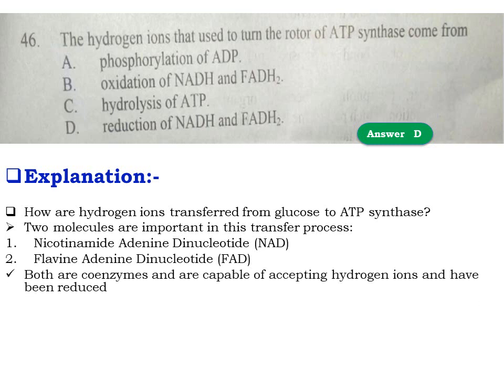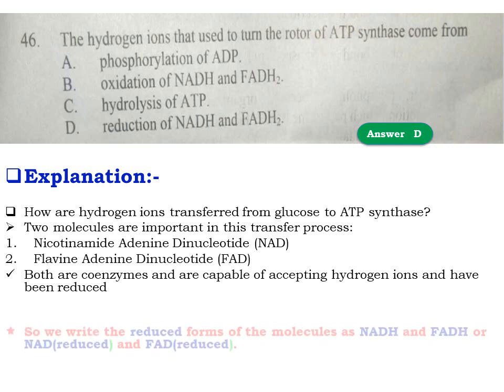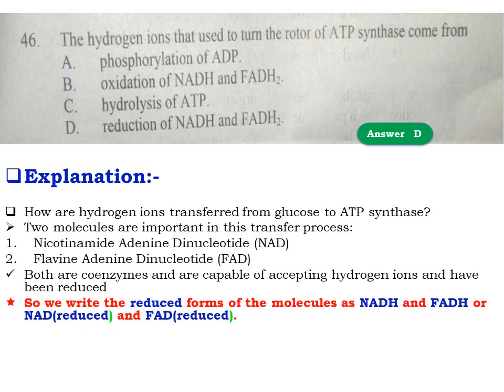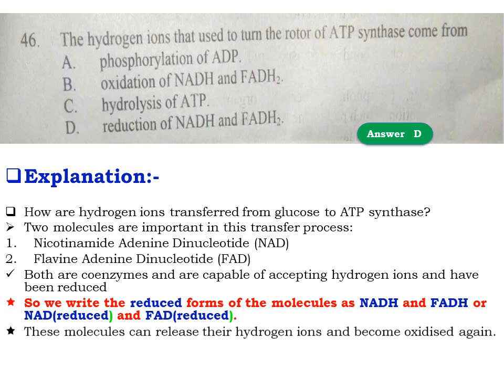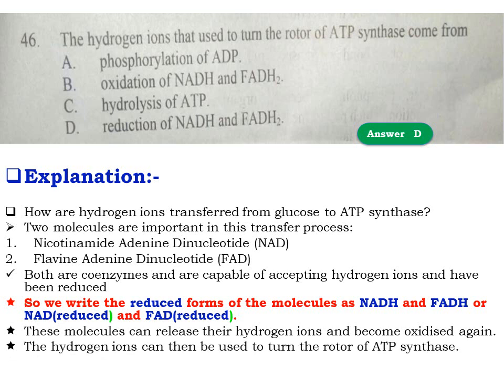Both coenzymes are capable of accepting hydrogen ions and become reduced. So we write the reduced forms of these molecules as NADH and FADH2. These molecules can release hydrogen ions, become oxidized again, and the hydrogen ions can be used to turn the rotor of ATP synthase. So the answer is correctly D.